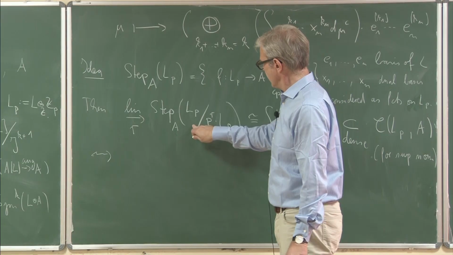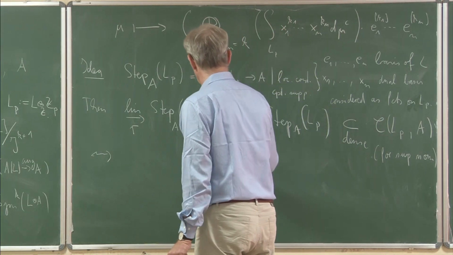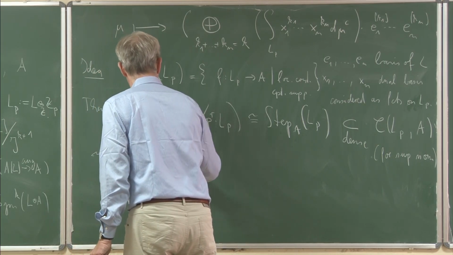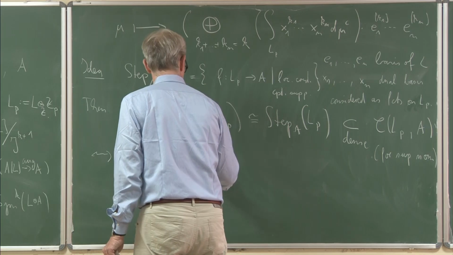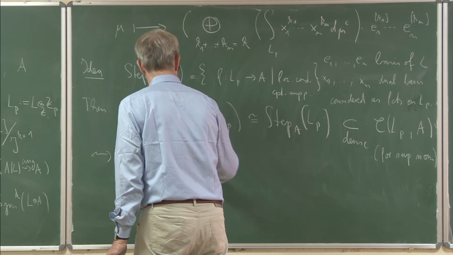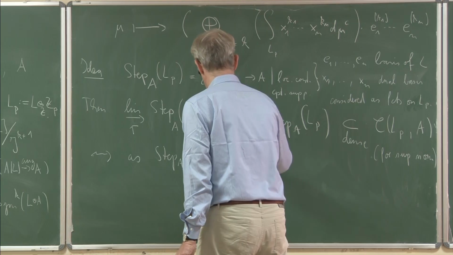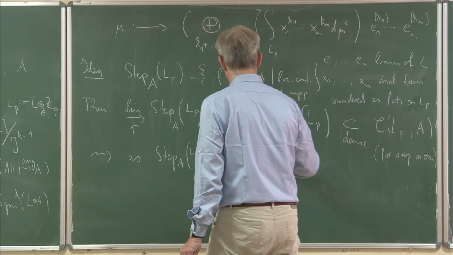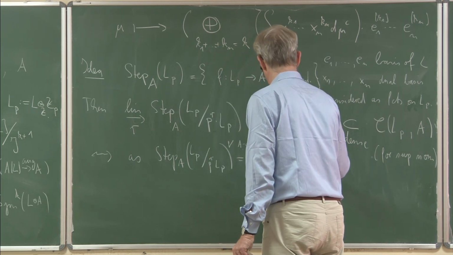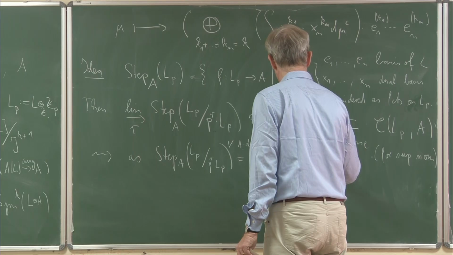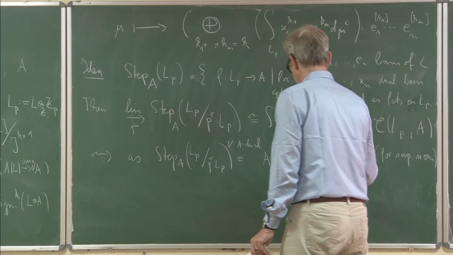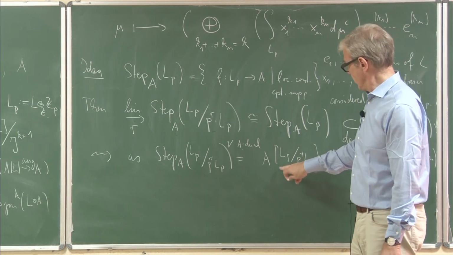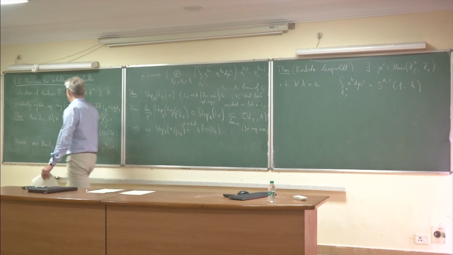And the dual of the step functions on L_p, this is just the A-dual here. That is just the group ring of L_p mod p to the r L_p. And that, as we know, the inverse limit of this gives really the measures.